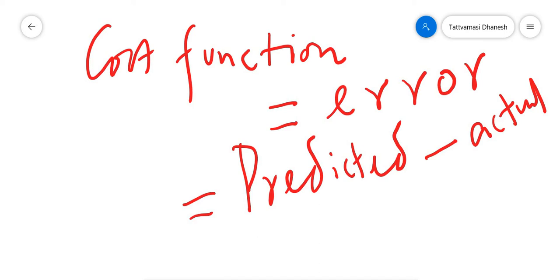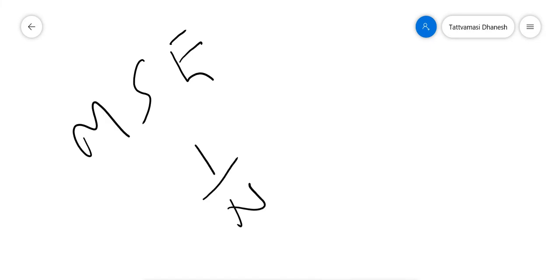In this video, I am going to use the squared error everywhere. You can use any one, it's not a problem. If you're using mean squared error, it means you divide by the number of data points, that's all. I am using the squared error here.